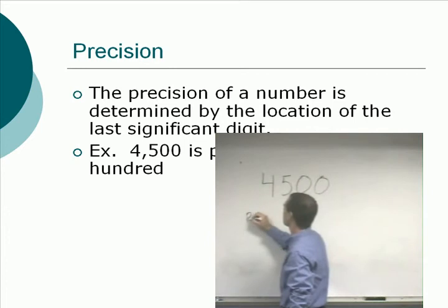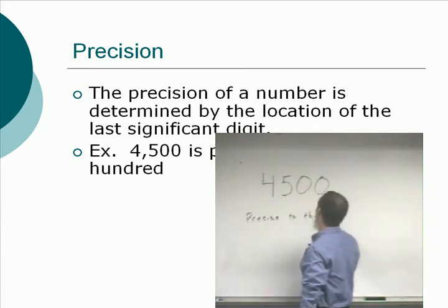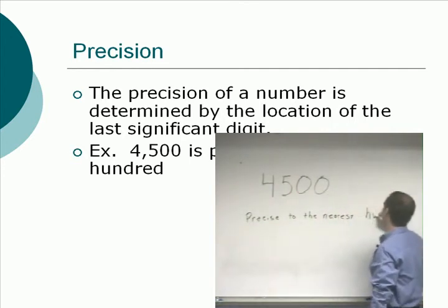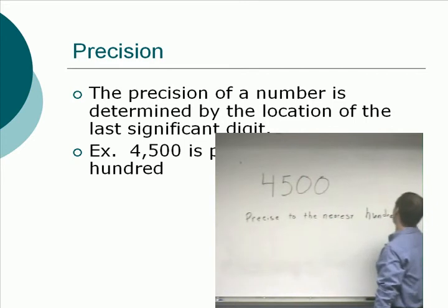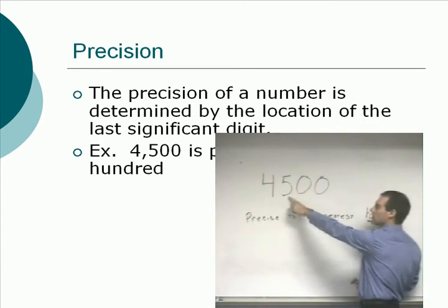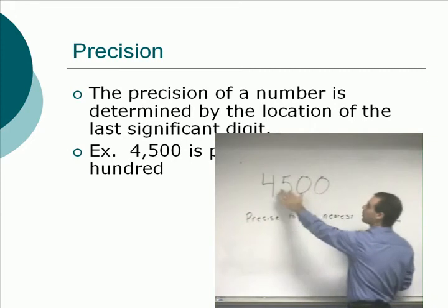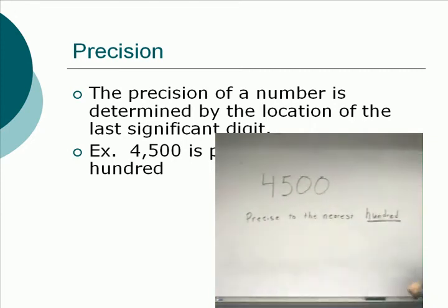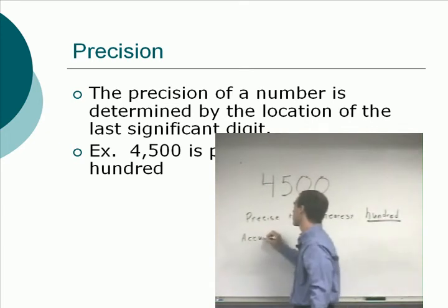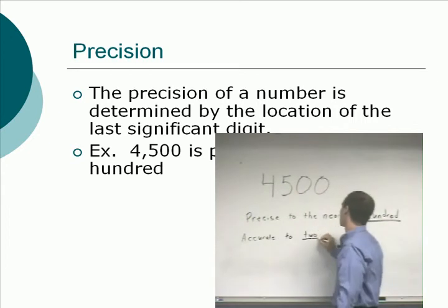We would say that this number is precise to the nearest hundred because this is the location of the last significant digit. These two are not significant. We don't know that it's not 4,508 or 4,499. So this is as precise as we can be. However, we would say that it is accurate to 2 sigdigs.